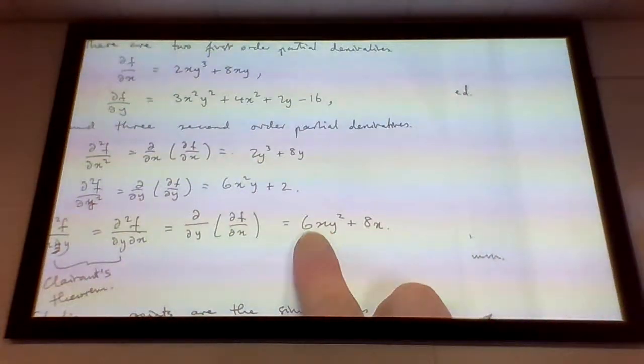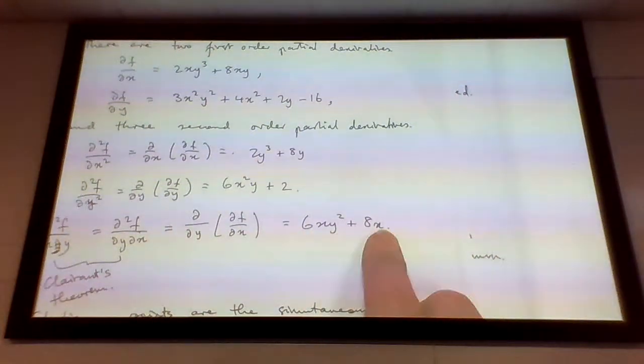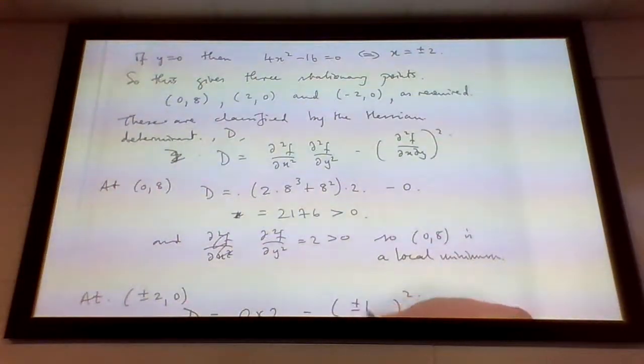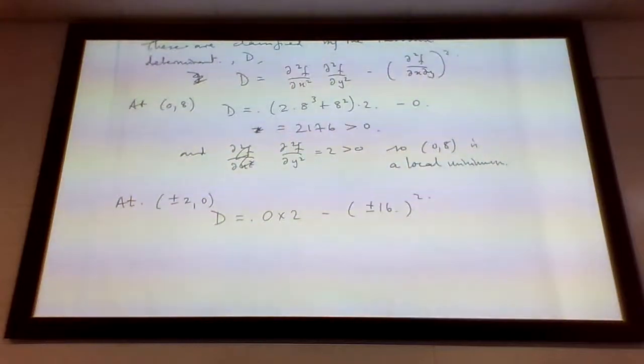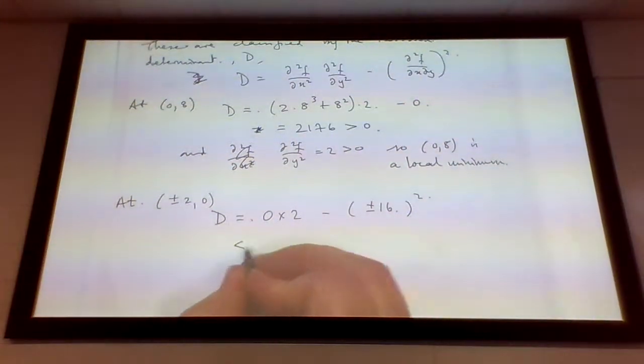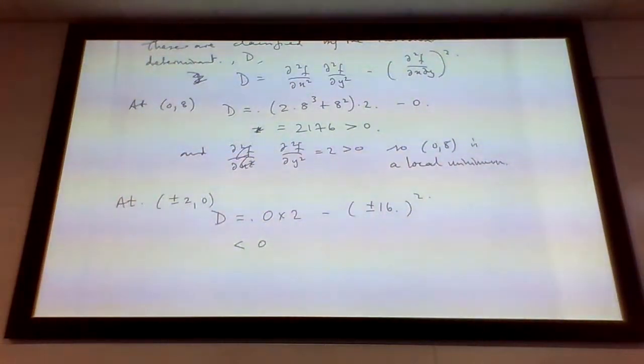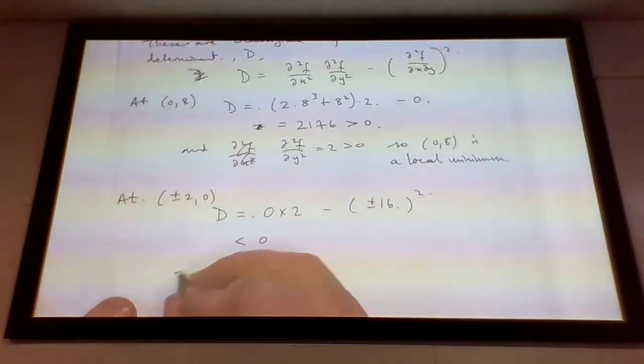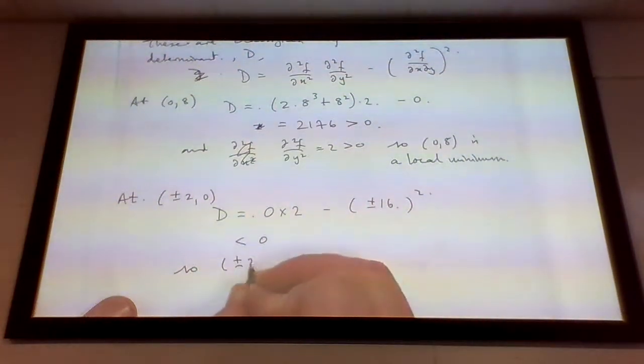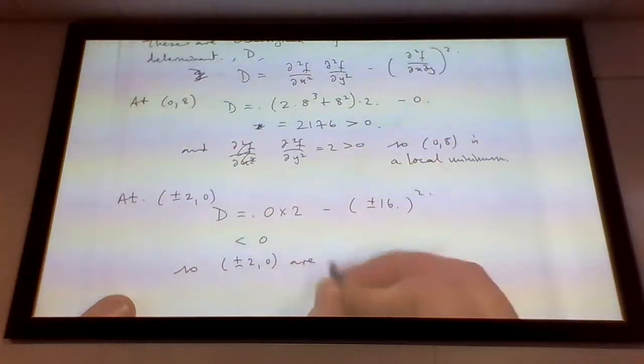The something is, well, y is 0, so that's gone. So it's going to be plus or minus 16. Okay, but the point is it's negative because it's minus a square. So that means these two stationary points are both saddle points.